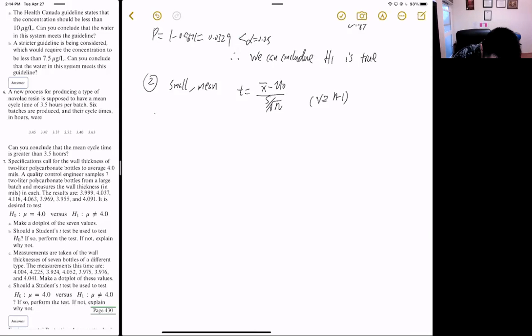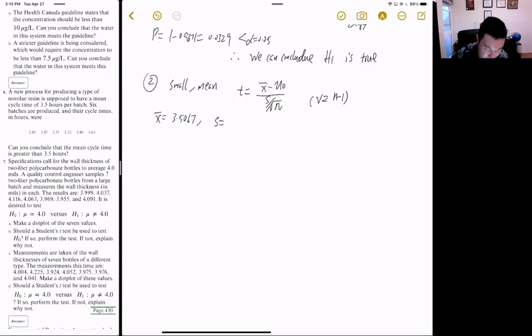So first of all, we calculate whatever the question gave us, the sample mean. We just add these numbers together, 3.45, 3.447, and so on, add them together, divided by 6. So the sample mean is this.